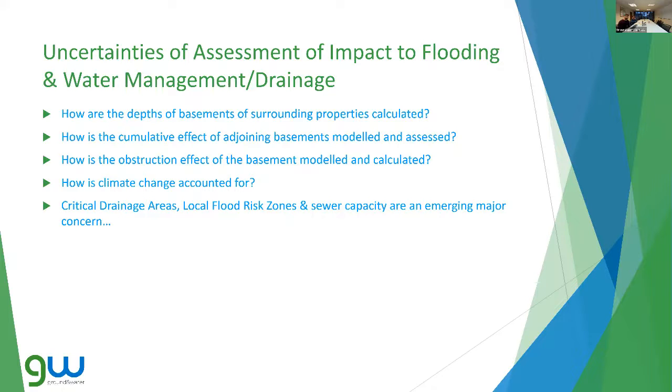And also, how is climate change accounted for? Obviously, we've seen in the last few years, London can get quite serious flooding, from quite flashy floods in the summer to quite prolonged ones in the winter. So our climate's changing and we've got to adapt to this. Other areas which Miltos touched on briefly were critical drainage areas and local flood risk zones.